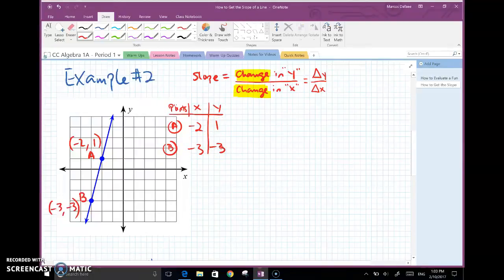So what this does is it helps me see the way that these numbers are changing. In a numerical way, I can see that 1 turns into a -3. The only way that a positive number can become a negative number is if it becomes more negative. So for 1 to turn into a -3, it has to go down.